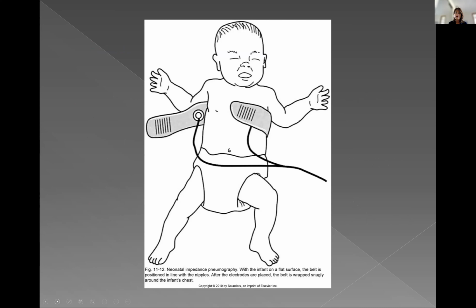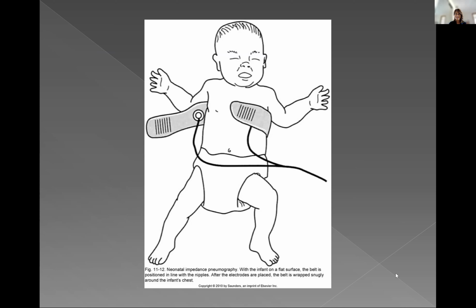This is a picture of a belt that goes around the chest and it picks up breathing movements. And you also see the electrode for picking up heart rate. Let me put that in the chat. Do you see what it's calling the apnea monitor? It's called impedance pneumography.